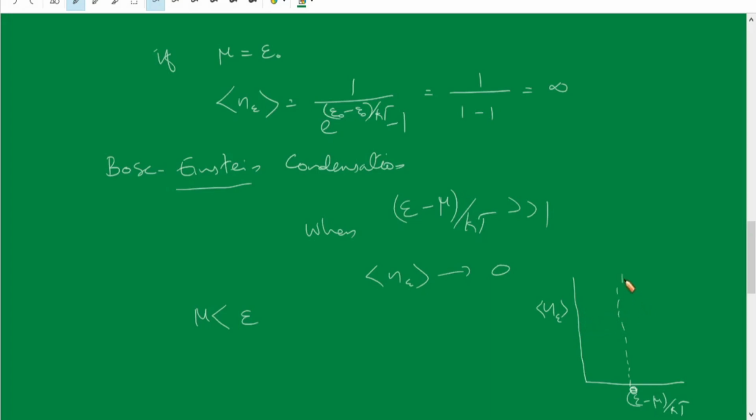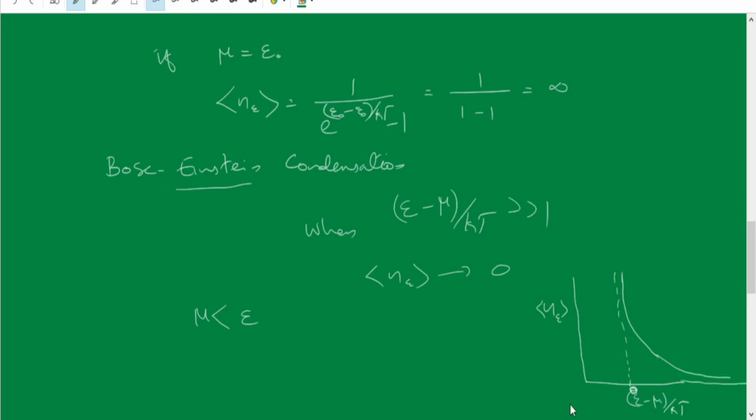Now if E equal to 0, this is infinity. So when mu is equal to E0, the lowest energy level, at this point it becomes infinity, and as we move towards the right, that is when E minus mu by kT increases, this exponentially decreases and approaches this axis.